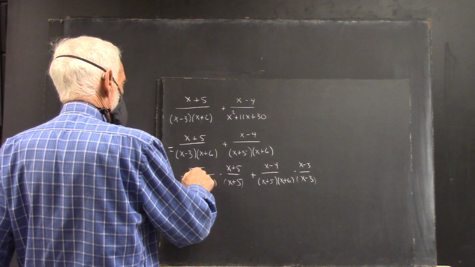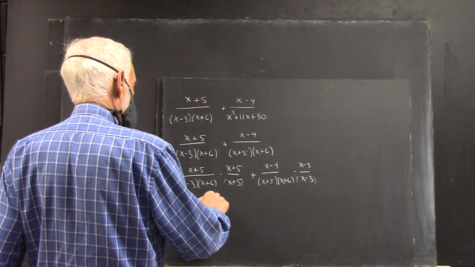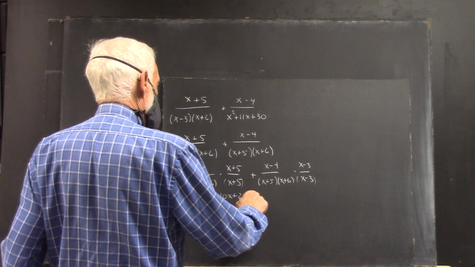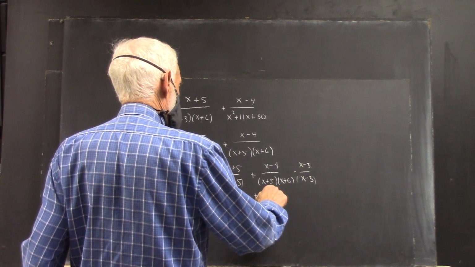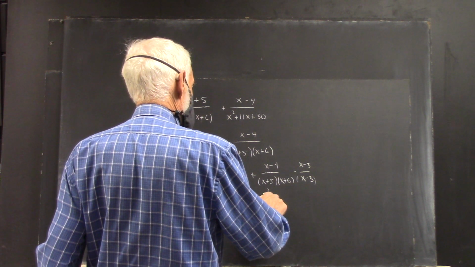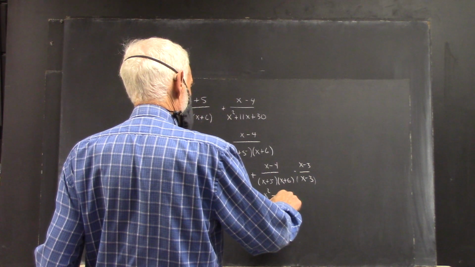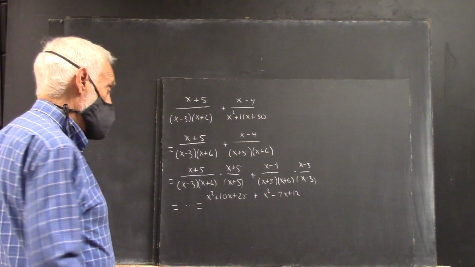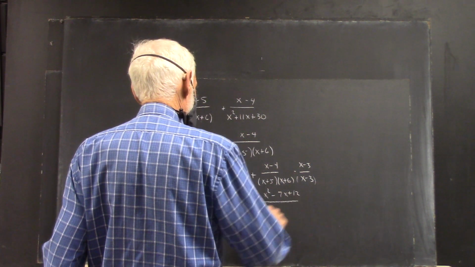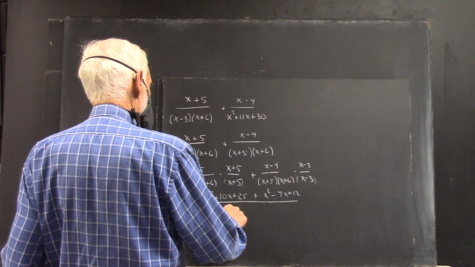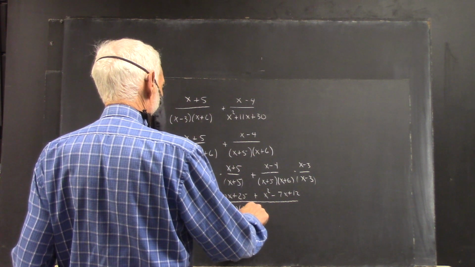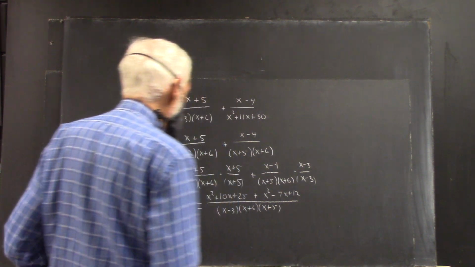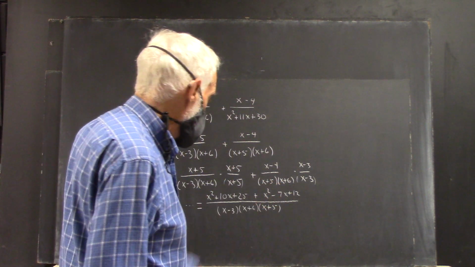I'm going to multiply x plus 5 by x plus 5, and then the x minus 4 by the x minus 3. And again, I'm going to leave the denominator factored.